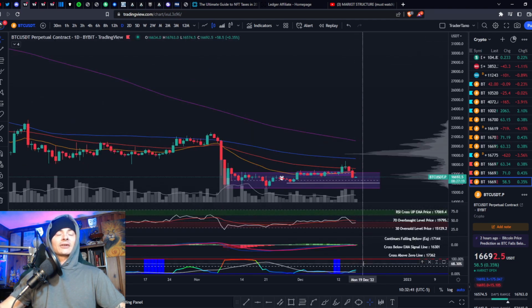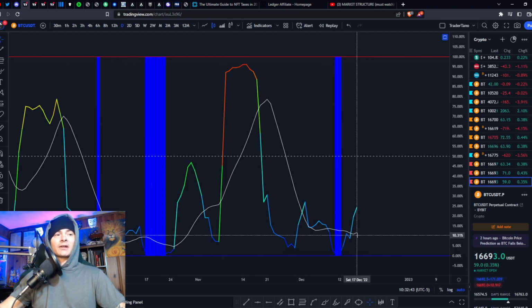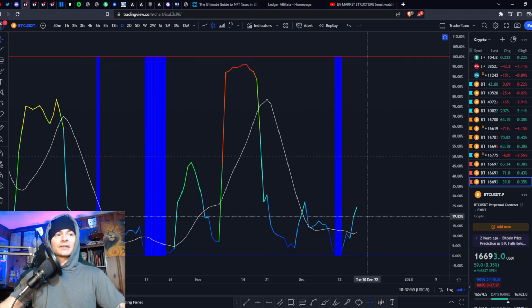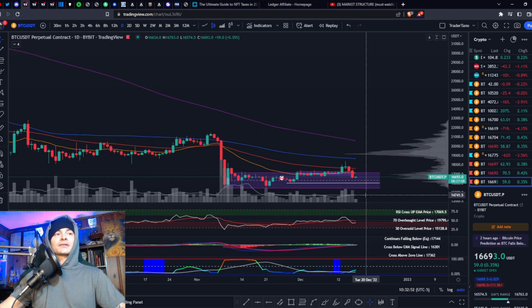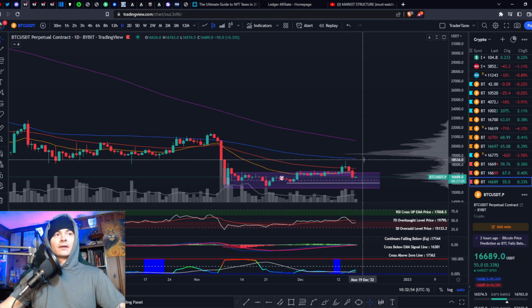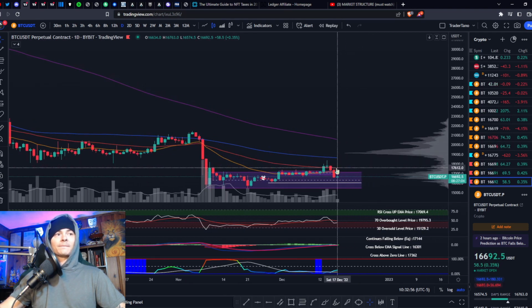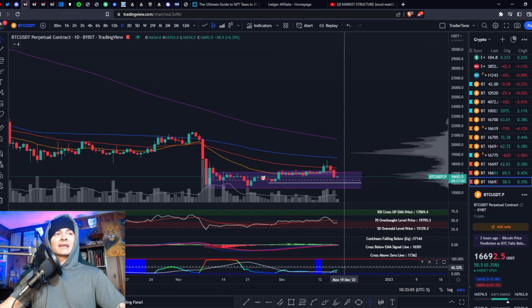Okay, and your BBWP, which measures volatility, has crossed its moving average and got above the 10 percentile. So that means the move is upon us. I mean, the big move is upon us, the one we've been waiting for. It is here, and I do expect this volatility to continue. I think the volatility has just begun.